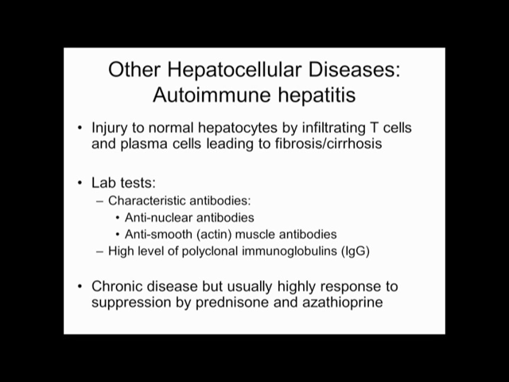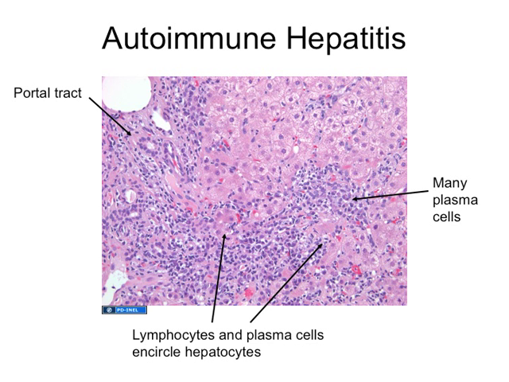You've got a lot of activated plasma cells here. And we can treat it, and we can suppress it. We cannot cure it, but we can treat it with fairly mild immunosuppressive drugs. What's in here are tons of plasma cells infiltrating out into and around liver cells. So the biopsy is different in some ways than a viral hepatitis.